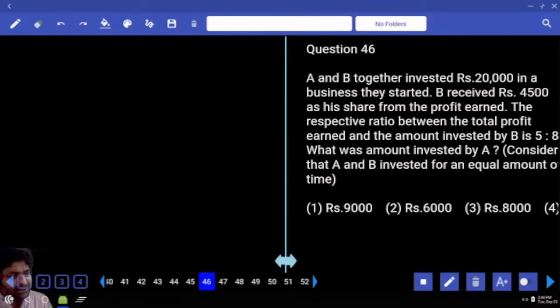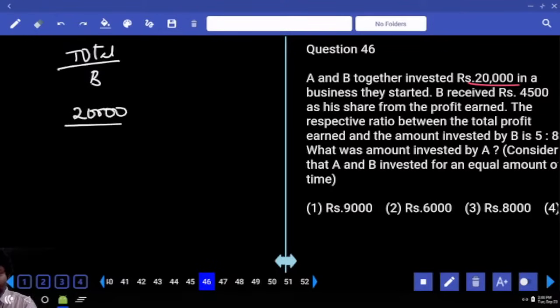The respective ratio between total profit earned and amount invested by B. Now I am talking about total and B. Total investment 20,000. Total profit 5 parts. B's investment 8 parts. B's profit 4,500.